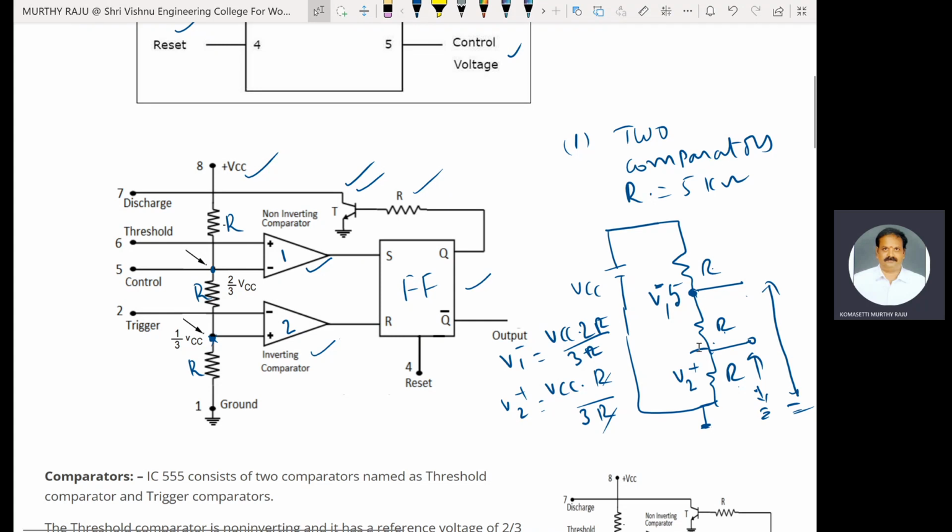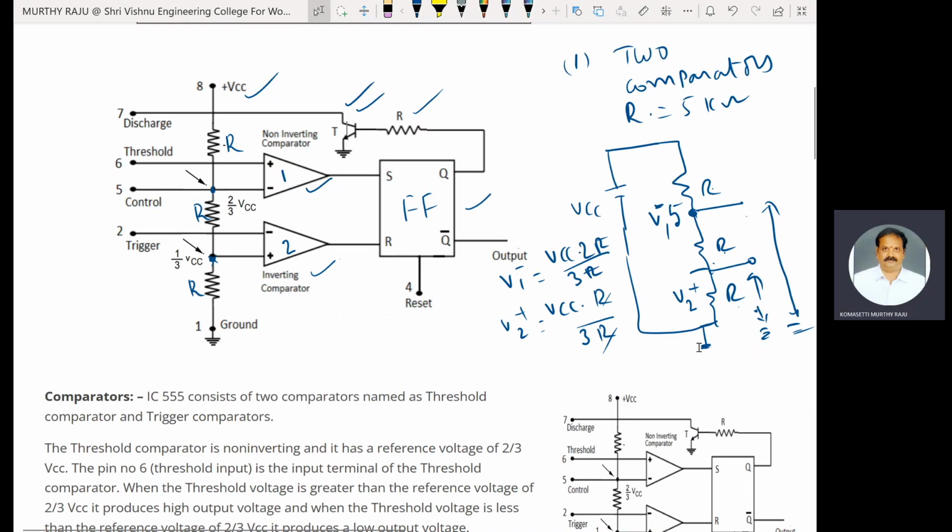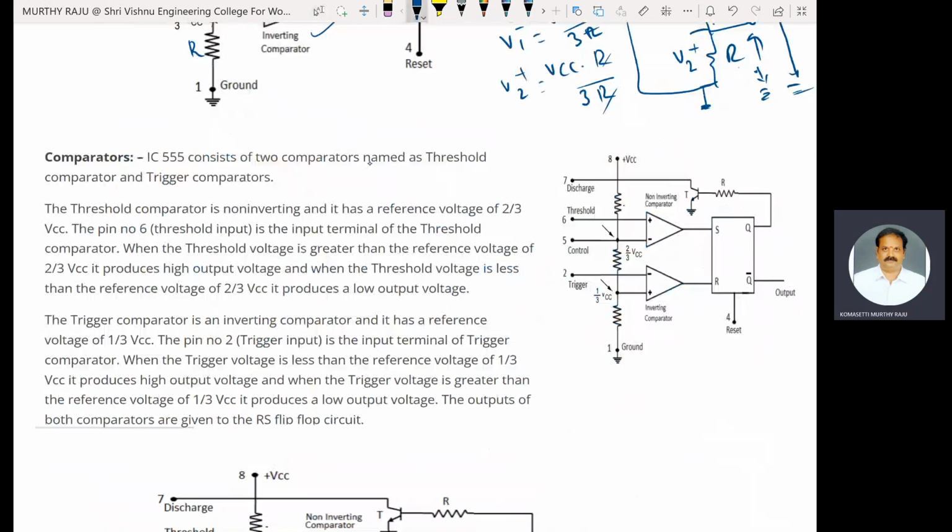Coming to the description of that one, the IC comparators are named a threshold comparator and a trigger comparator. This is comparator 1. This is comparator 2. Comparator 1 is also called a non-inverting comparator. Comparator 2 is called an inverting comparator.